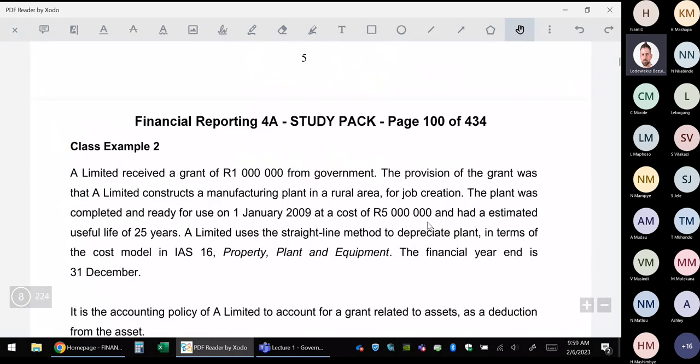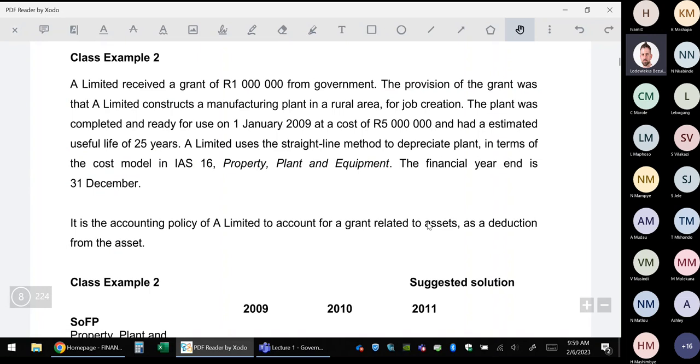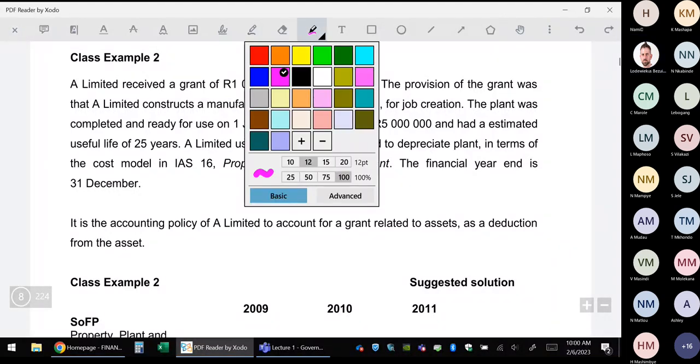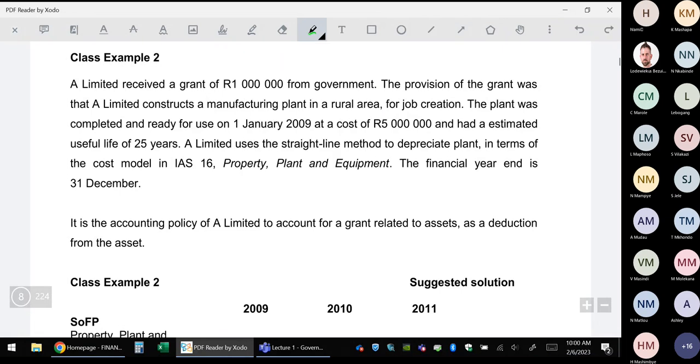Example 2 is exactly the same information. It's a 1 million grant, 5 million cost, but the only difference now is that the grant is accounted for by reducing the cost of the asset.